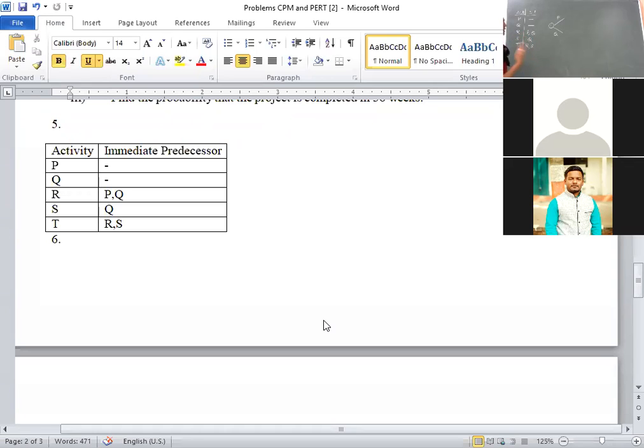In general, how does our logic work? Here, P and Q are completed, then only R. For example, the last finished node is Q. In general, we will think this way. Listen carefully. 1 to 2, 1 to 3. P and Q are completed, then only R. Again, Q is completed, then only S.